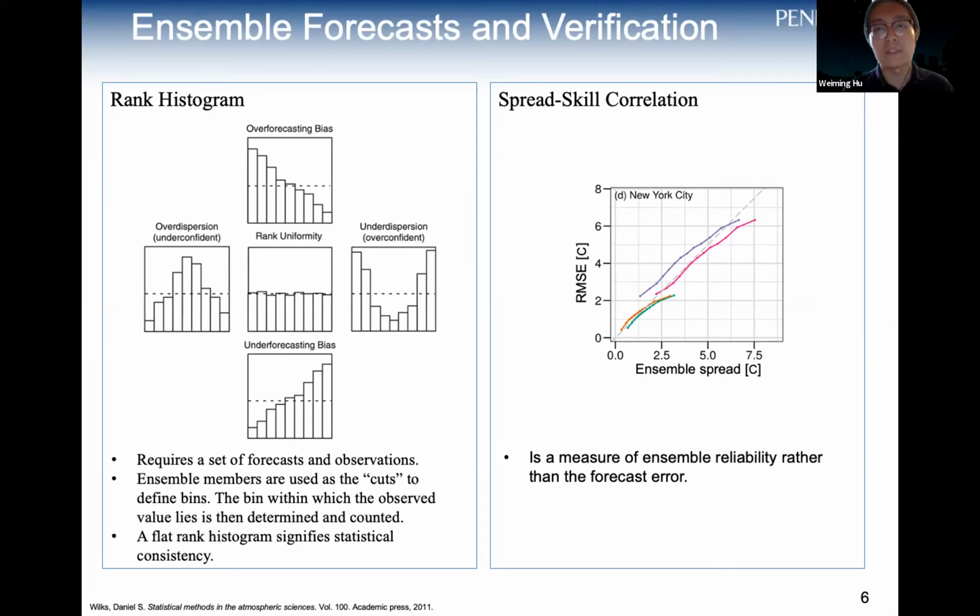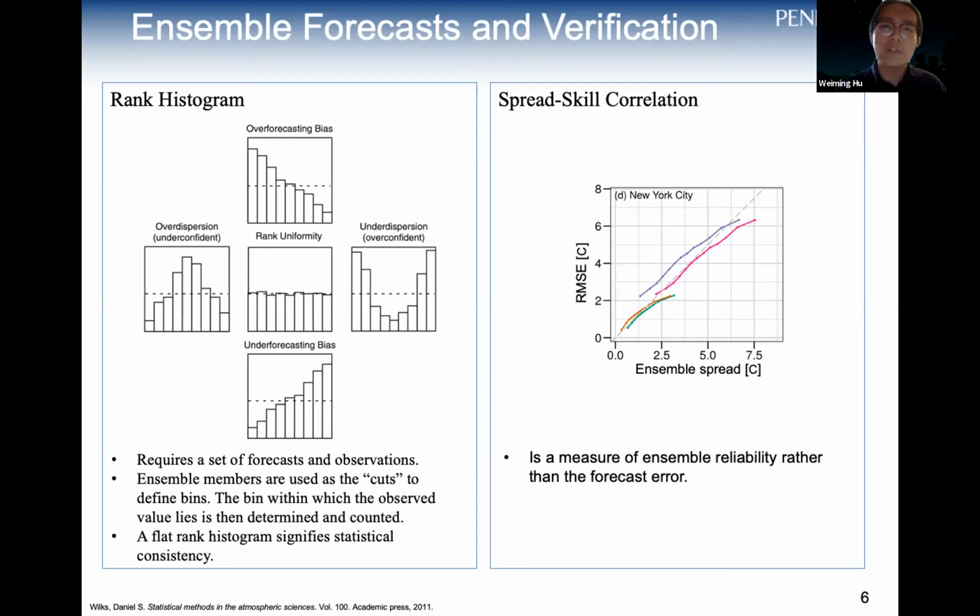This figure will come up later in the presentation. The reference line is the diagonal, and if a line is on the reference line, it means that the ensemble spread and the predictive skill are perfectly correlated.